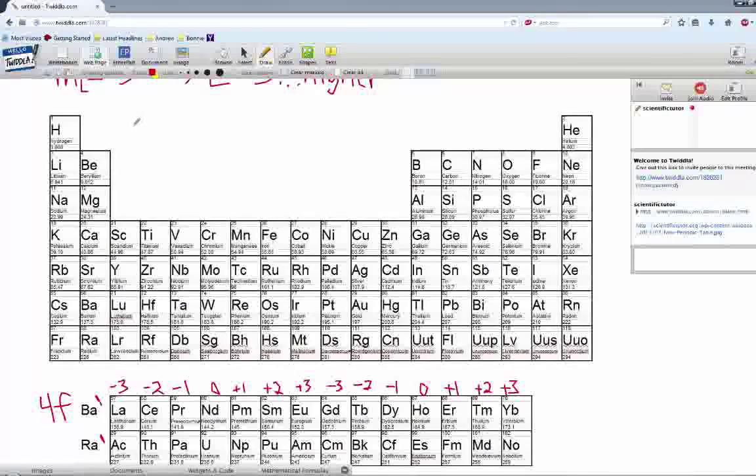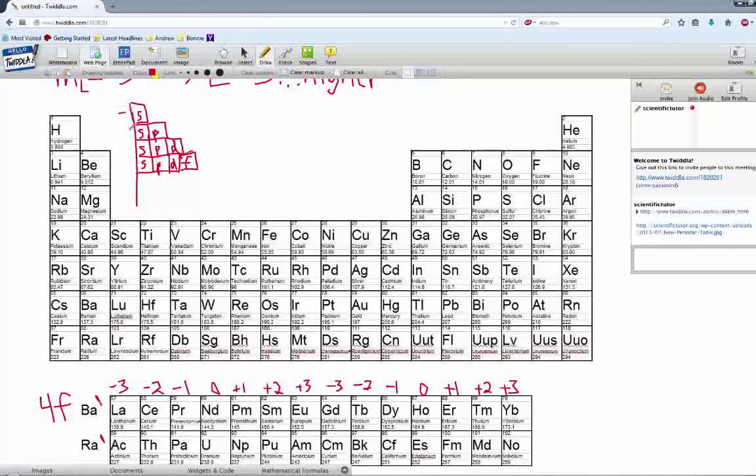We'll remember that if we do our little energy level table, as we increase the energy level, as we go down this table, we go from the s orbitals, to the p orbitals, to the d orbitals, to the f orbitals.